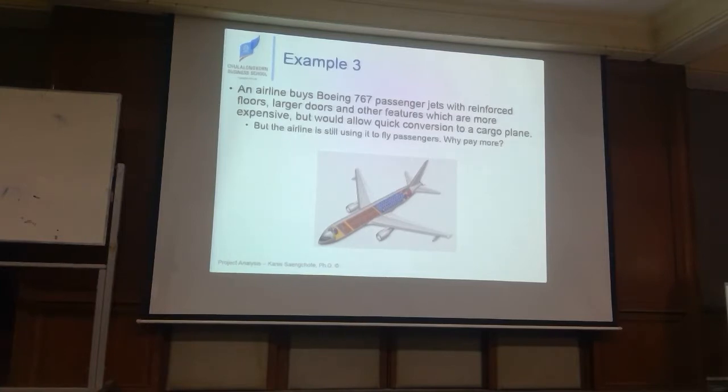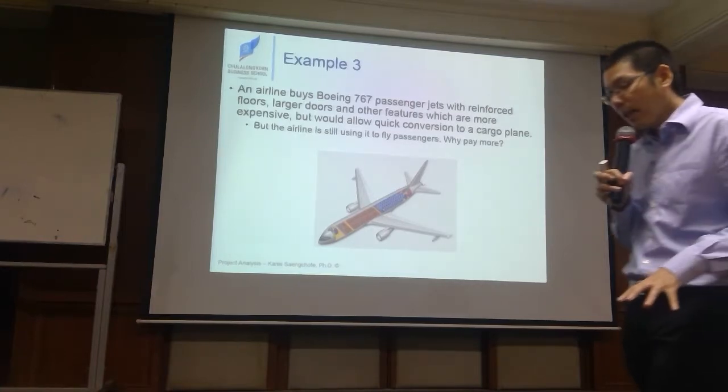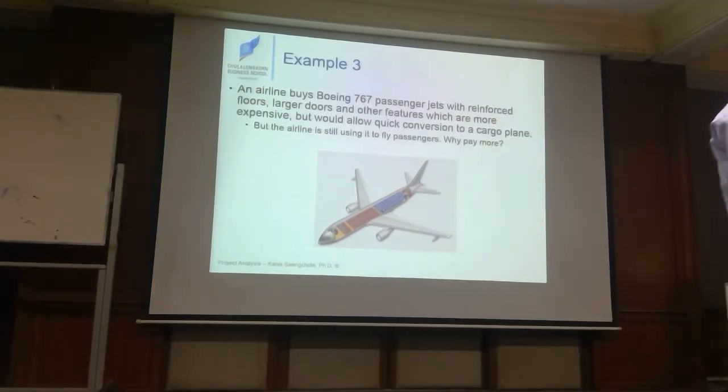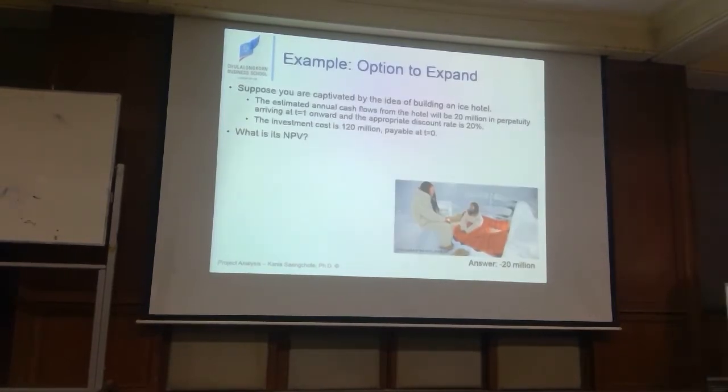Because the key driving force that makes changes in decision valuable is that we know the future is uncertain, but once it happens, we know whether our assumptions are right or wrong. So once we know we want to change our decision, then our trajectory may be different after we change our decision. That's the idea. Let's have a look at some numerical examples, a simple one.